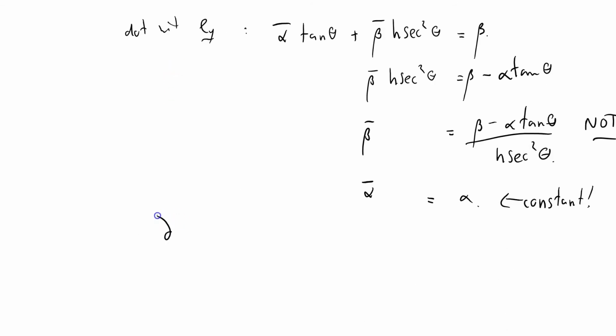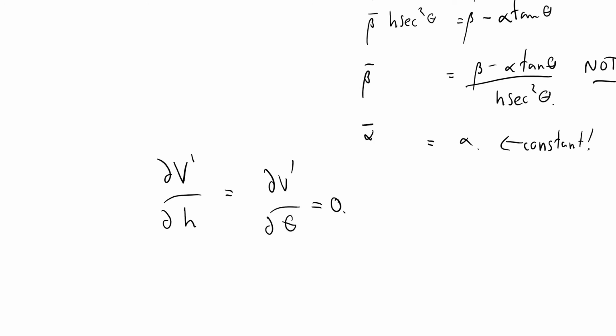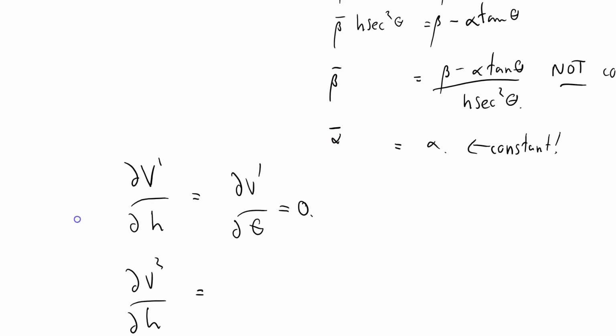However, we've got this rather awkward fact that ∂V1/∂h equals ∂V1/∂theta equals 0, no problem. But ∂V2/∂h is equal to this thing here.